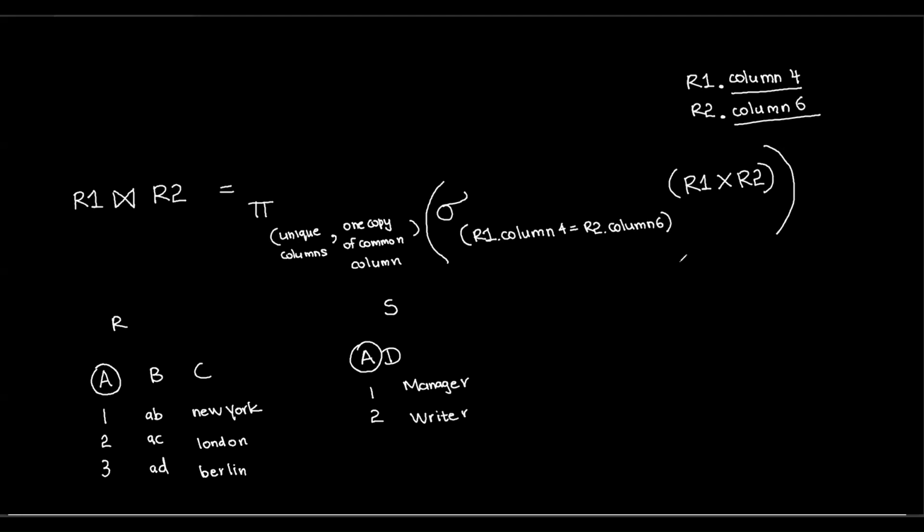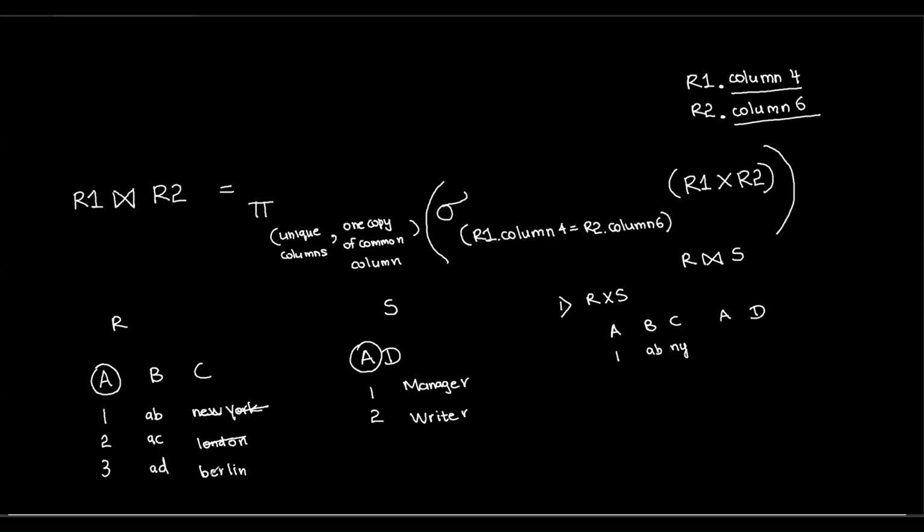Here, if you perform R natural join S, the first step will be R cross S. So A, B, C, A, D. Instead of New York, I'm going to say NY.